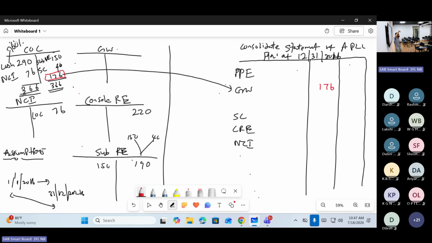Net asset value here is stated capital plus retained earnings. 150 plus 40, 190. 190 into 40% is 76. 40% is the NCI stake, 190 is retained earnings plus stated capital. Are you okay about 76? Yes, sir. Understood. Thank you, sir.